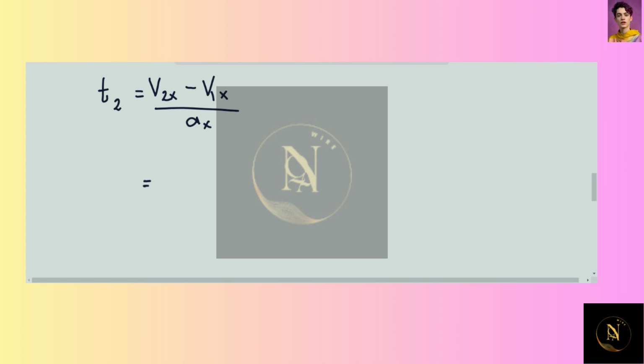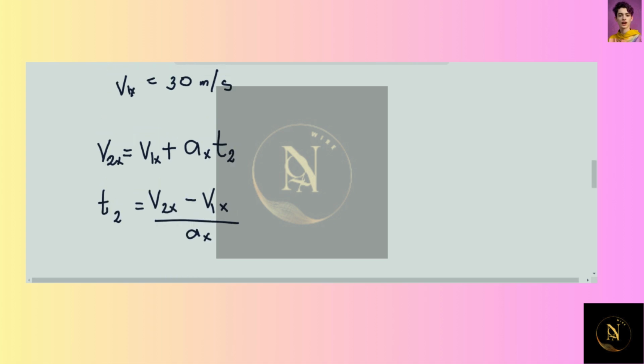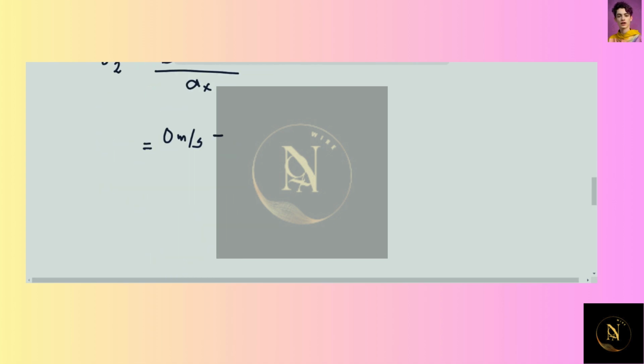For the final velocity, or v sub 2x, of course, it is equal to 0 because the man stopped after some time. So 0 meters per second minus the velocity 1 we have after 50 meters, which is 30 meters per second, over the acceleration.